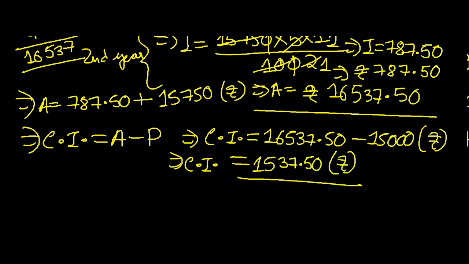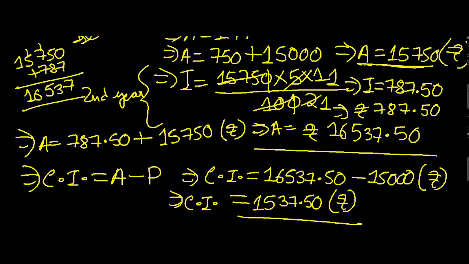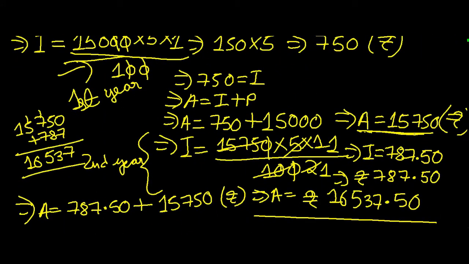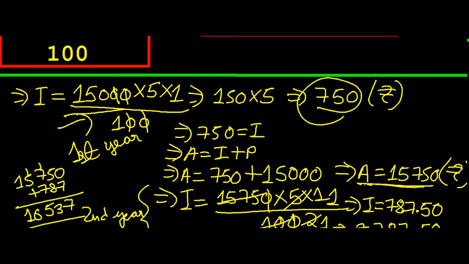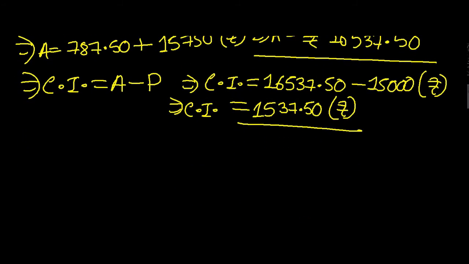Okay friends, this is the CI. Or you can also calculate it like this. The interest for the first year, which was 750 rupees, and the interest for the second year, which was 787.50 rupees.